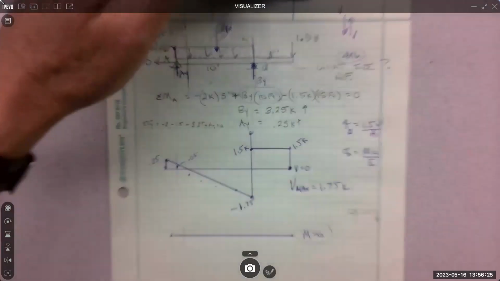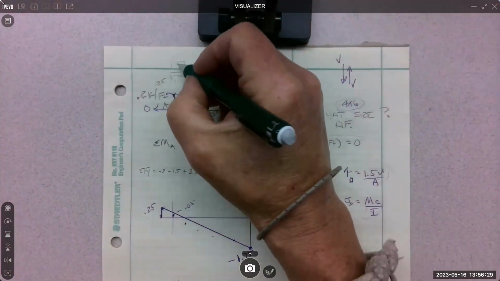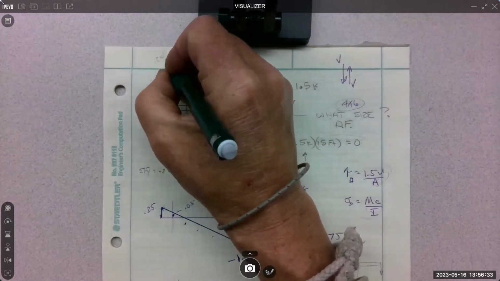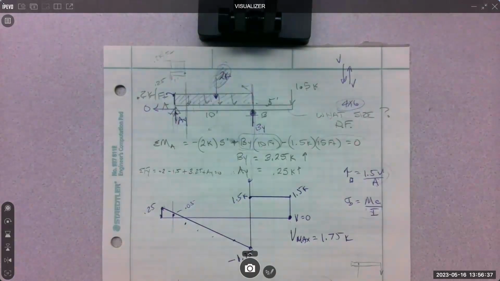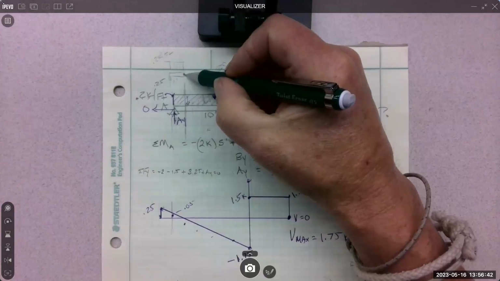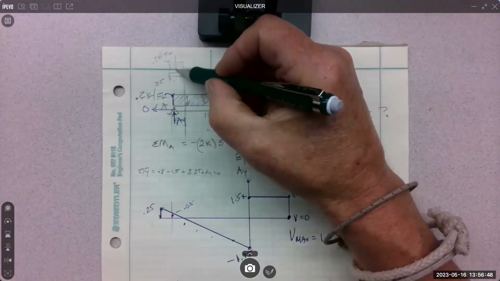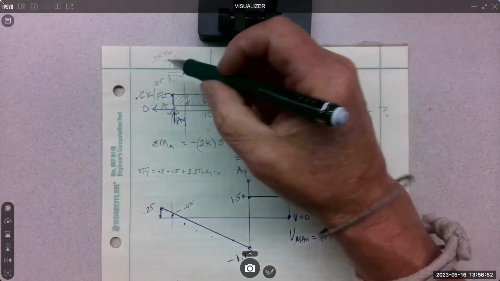Oh, it's kind of on top of it, isn't it? So here's my little drawing. Here's my distribution. That is 0.2 kip per foot, right? So you have to do this little moment, and the spot you're doing the moment is right here at 1 foot. So we concentrate it because it's a distribution.